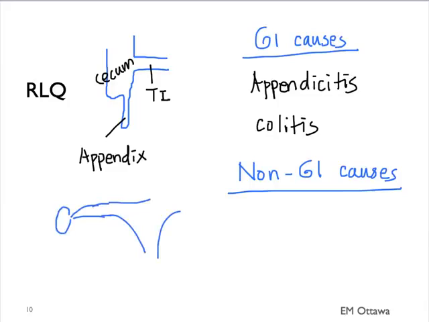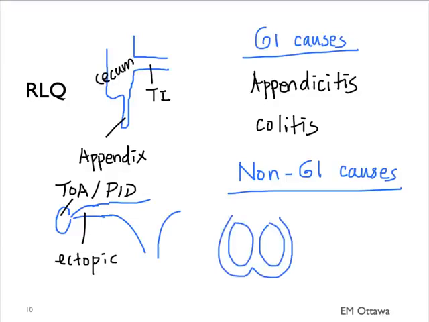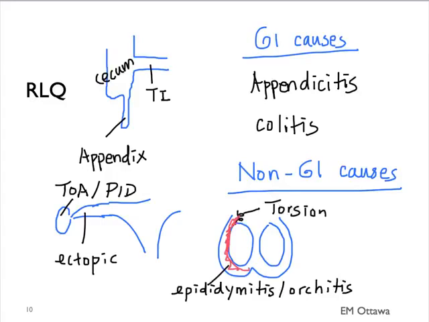Therefore, ectopic pregnancy, pelvic inflammatory disease, and tubal ovarian abscess can refer pain to the right lower quadrant. In males, testicular disorder can also refer pain to the right lower quadrant. That include torsions, epididymitis, and orchitis.